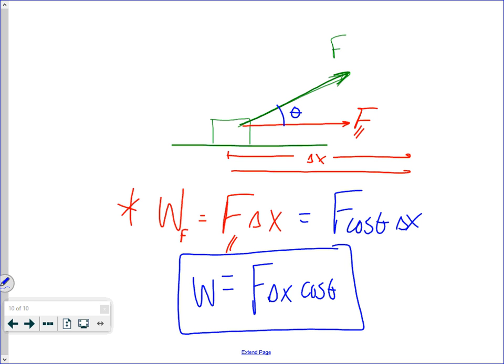But here's what I really recommend you try to deal with. Let's not wed ourselves to a trig function. Let's just make sure we're always talking about the component of a force that's parallel to a displacement. Okay.